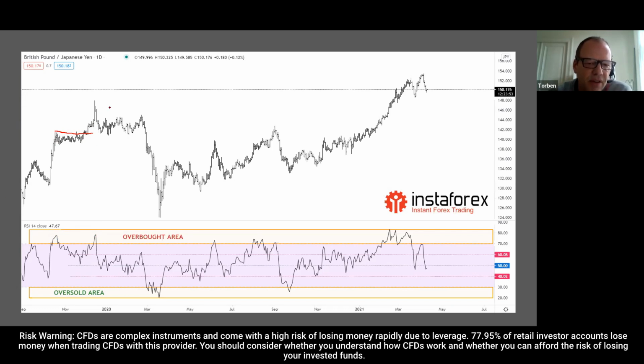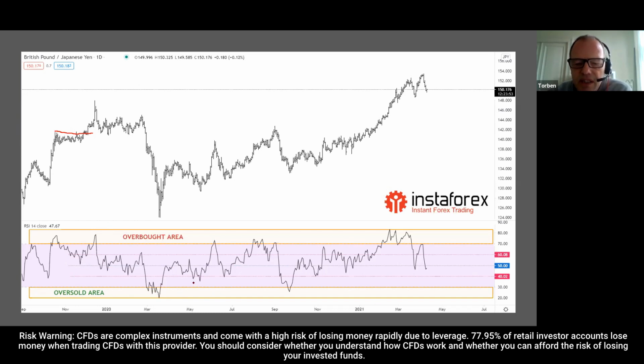But you don't really have any place to say, okay, we are in overbought, but is it this point or is it higher? Where is the sell point from this? The RSI doesn't reveal it at that point, and you have the same issue down here with the oversold area.